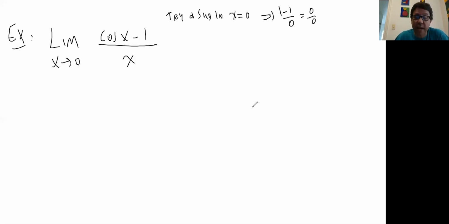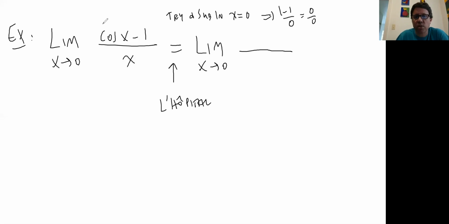And L'Hopital's rule says, if you try and sub it in and it leads to 0 over 0, then you can do this rule. It says you can do the same limit, but not applied to what you had. It's the derivative of the top divided by the derivative of the bottom.